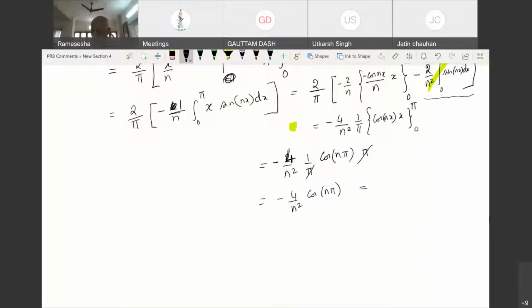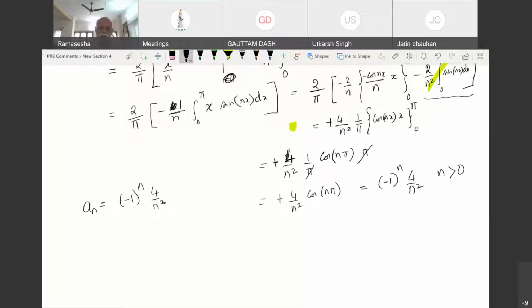I can actually write it as minus 1 to the power n. Just a minute, I think maybe you are right, because anything but 1 should be minus. You are right. So this is minus 1 to the power n, 4 by n squared, n greater than 0. So the value of a_n equals minus 1 to the power n times 4 over n squared.